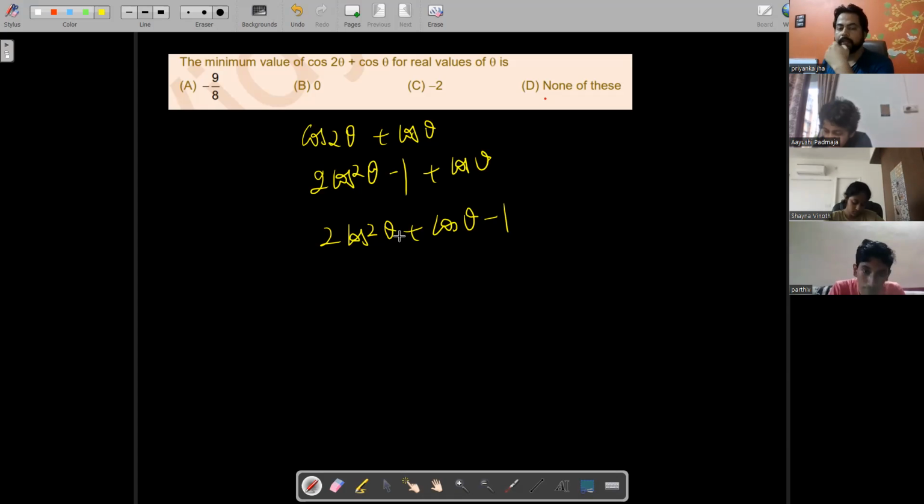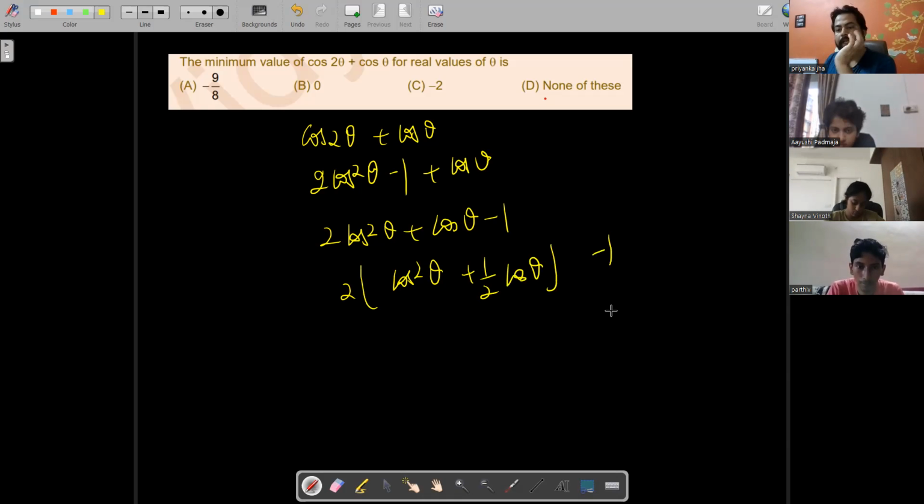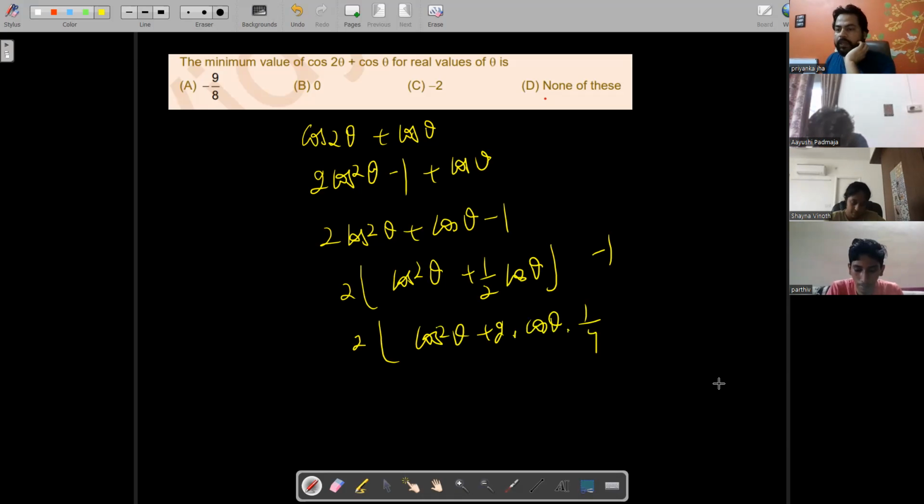Now you can write a perfect square. Take 2 common: cos square theta plus half cos theta. So this is a square plus 2ab, and for b you have to write 1 by 4, so that it becomes cos theta by 2.